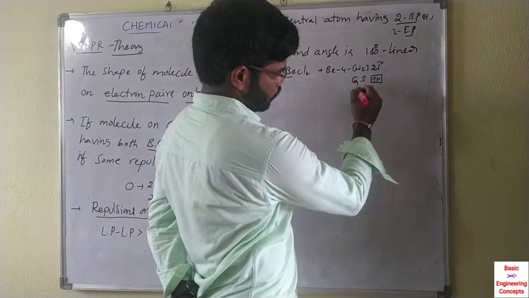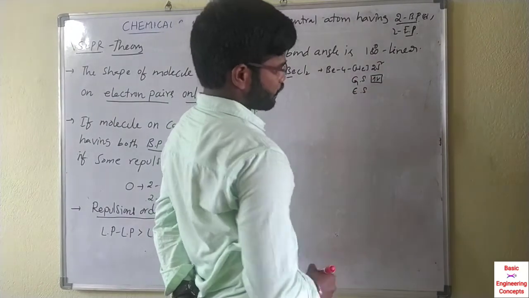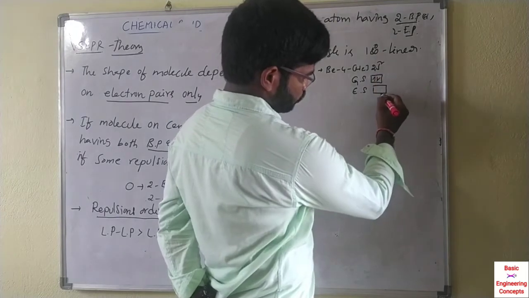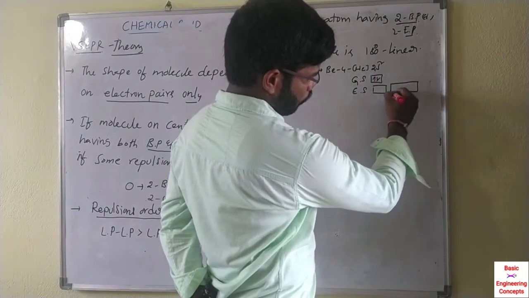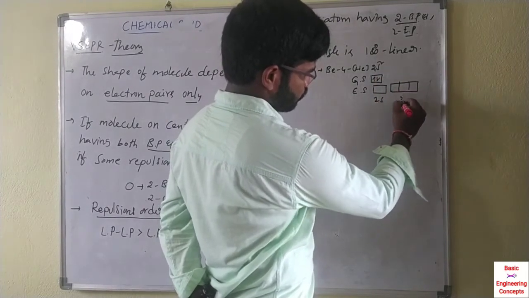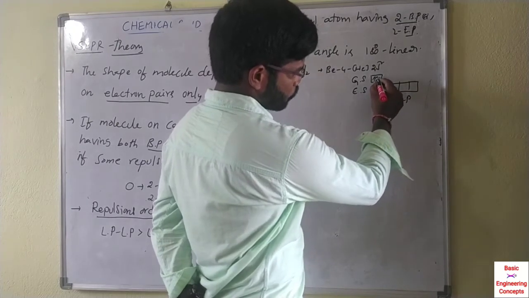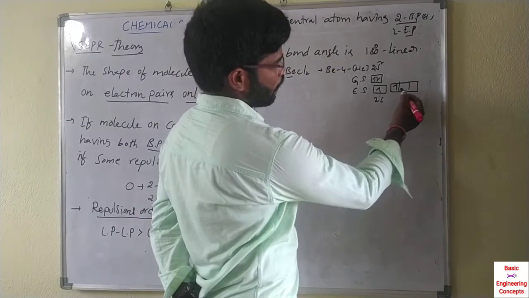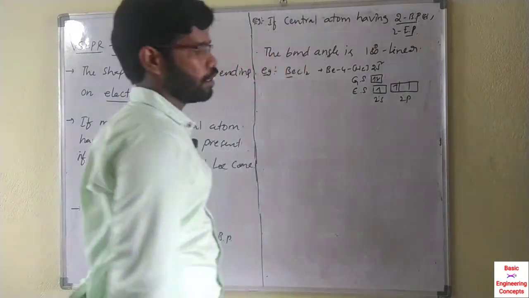This is the ground state. Next, in the excited state, 2s and 2p are involved. One electron moves into the 2p, so 2s has only one electron and 2p has only one electron.